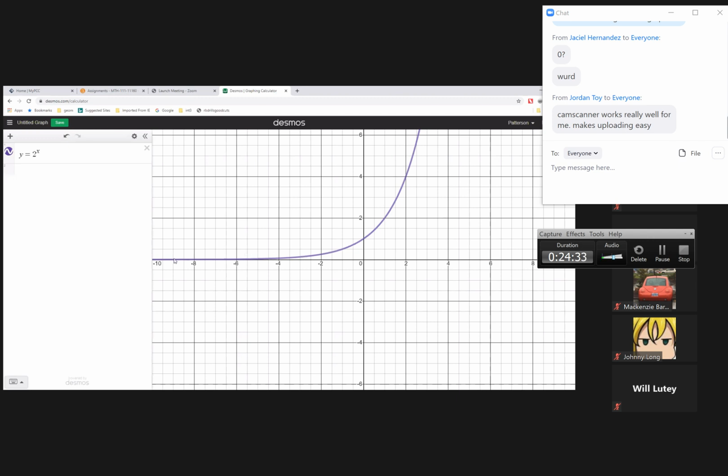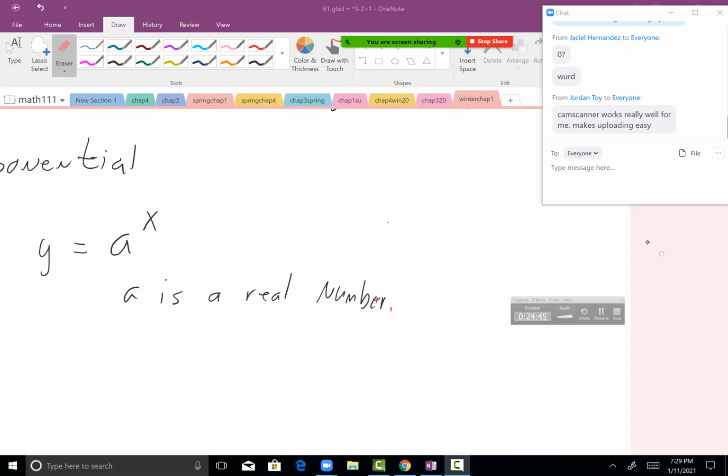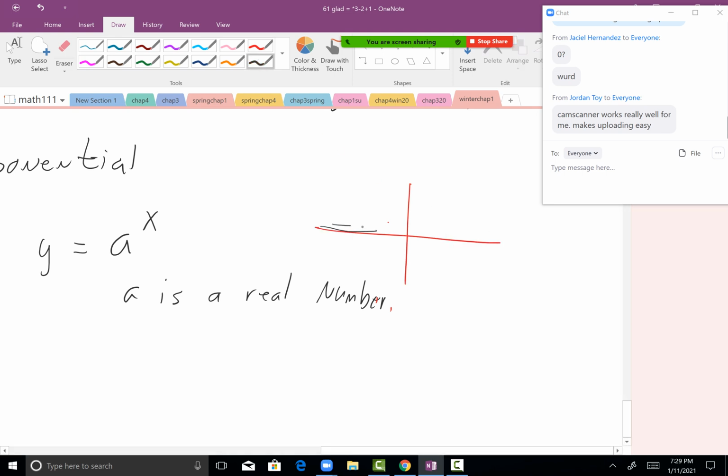And let's look at this. It's kind of interesting. So what about the domain? What do you think the domain of an exponential is? All reals? All right. So it gets really, really close, but never really hits it. Not drawing it very well.